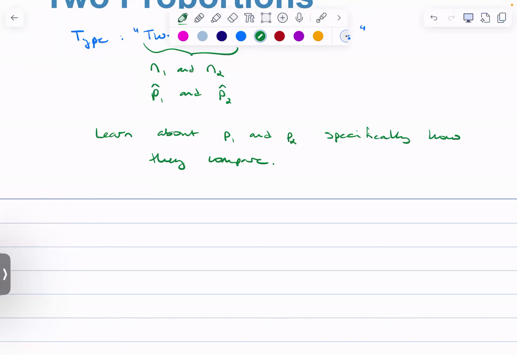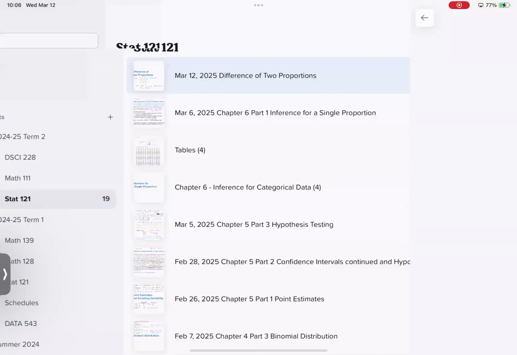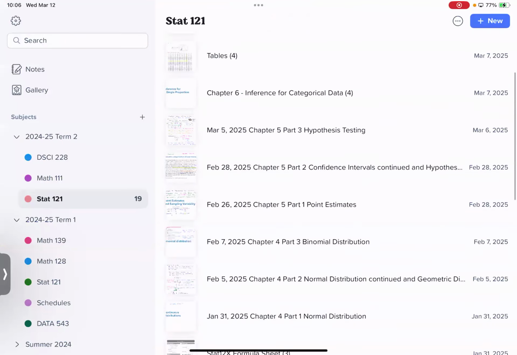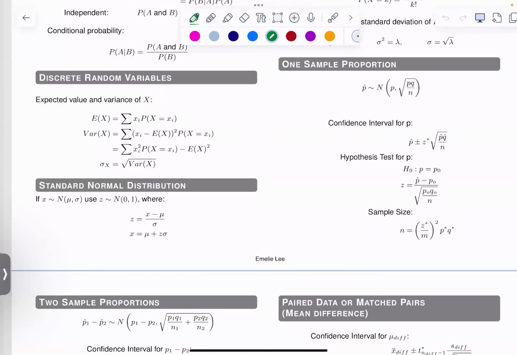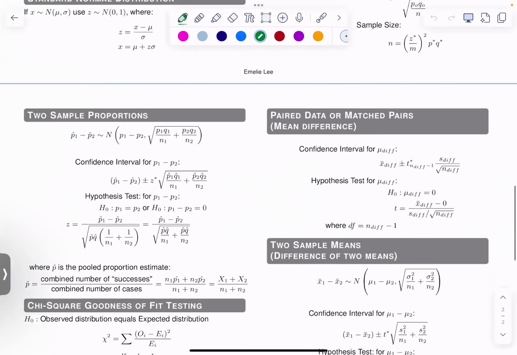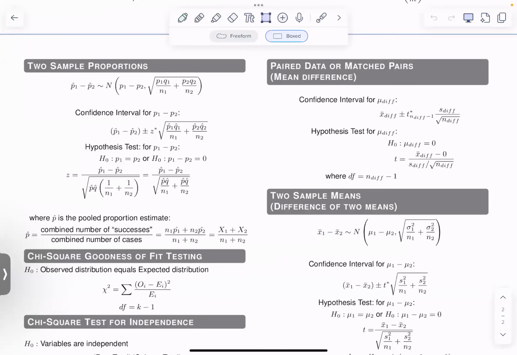Our null hypothesis, we have to assume that these two things are the same, until we have proof otherwise. Okay? And so that leads us to our null hypothesis on our formula sheet. And big day today, we flip to the next side of the formula sheet.